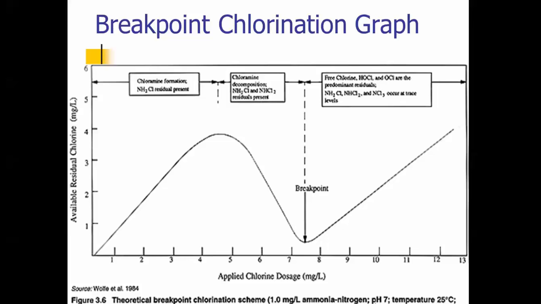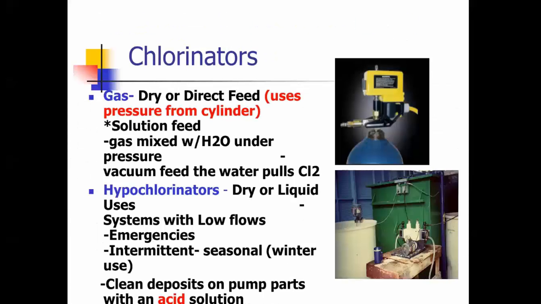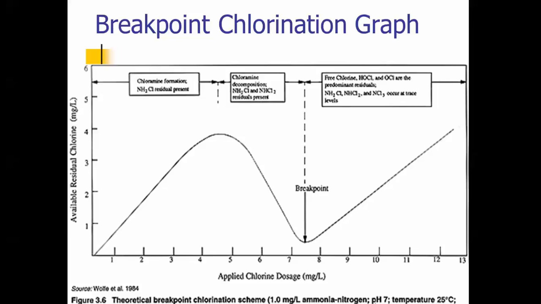So there's a question on the test that says if you have a customer call complaining of swimming pool odors, what's the most likely remedy for that? That's because you're on this side of the graph, and you could have heavy smells of chlorine in your system at this point.